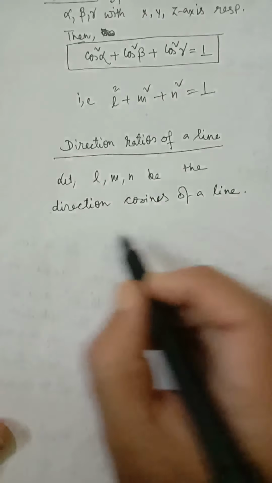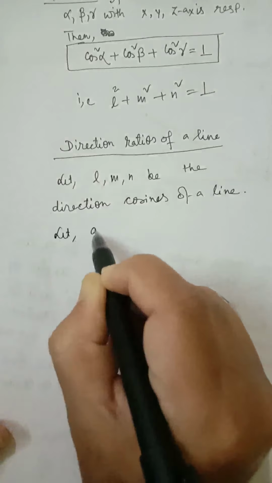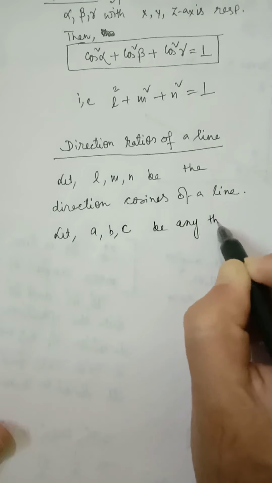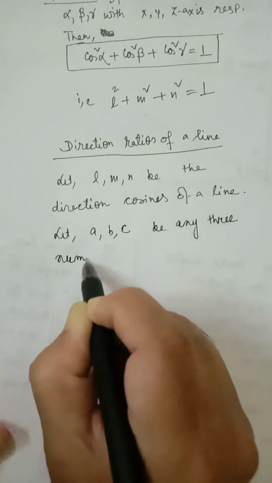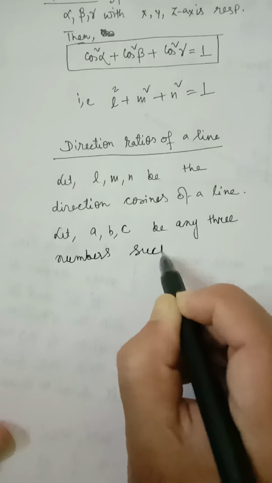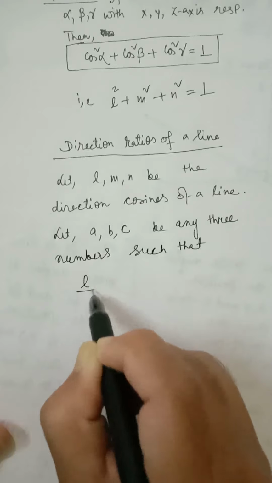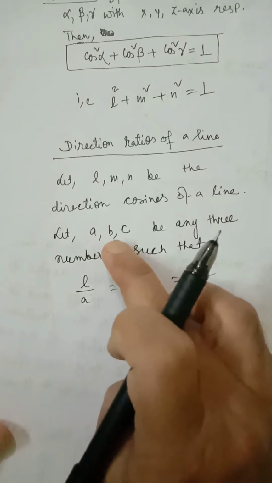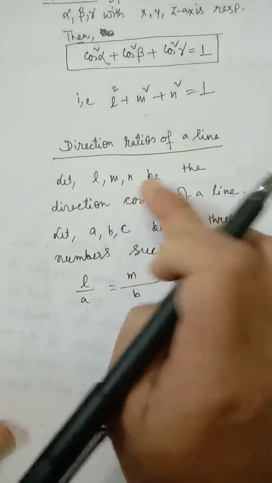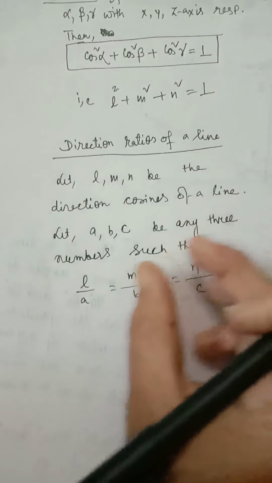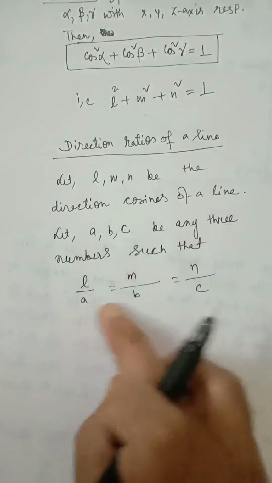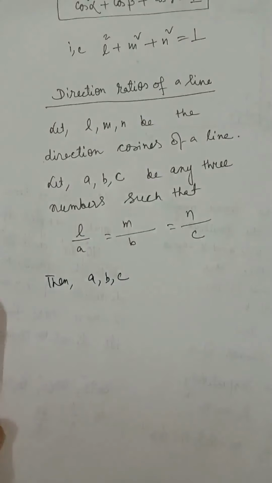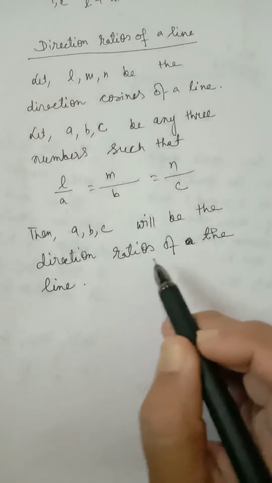Let L, M, N be the direction cosines of a line, and let A, B, C be any three numbers such that L by A is equal to M by B is equal to N by C. That is, A, B, C are proportional to L, M, N. Then A, B, C will be the direction ratios of the line.